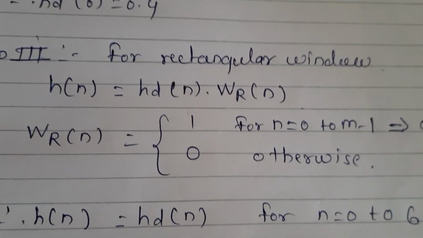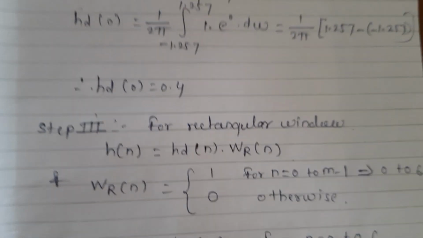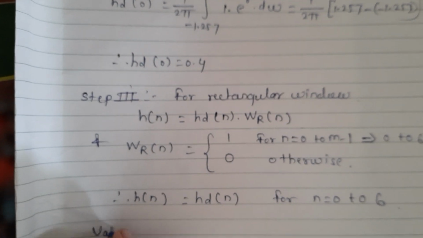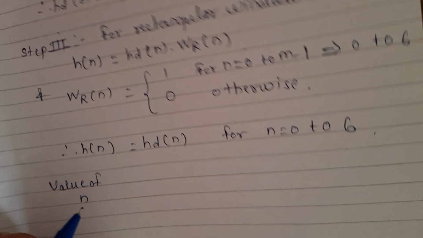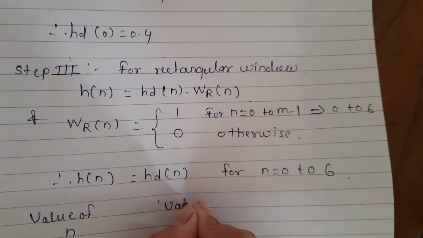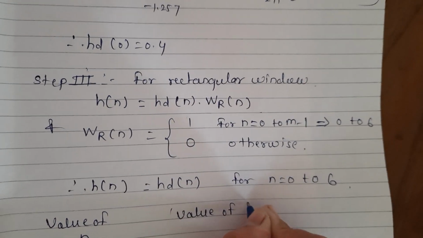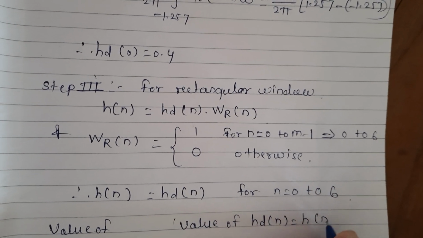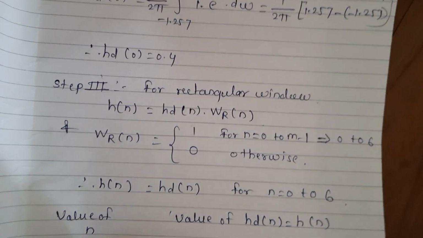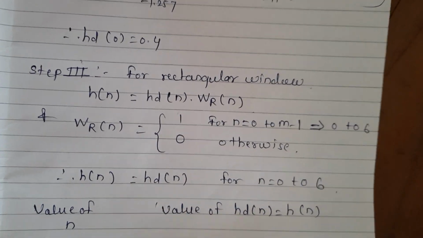Now next is the values of hd of n. So here is a table, value of n, value of hd of n, that is equal to h of n. So it is 0, 1, 2, 3, 4, 5 and 6.